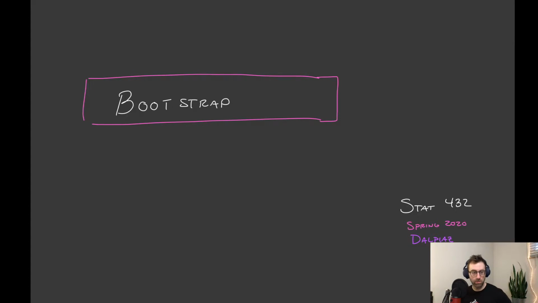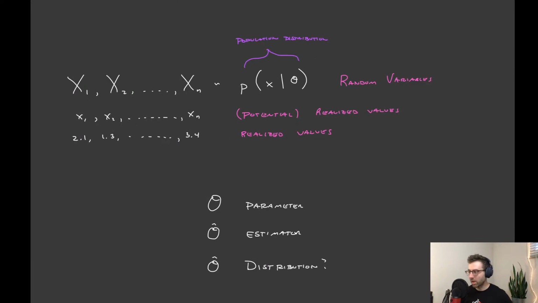Yeah, so let's have a look. This is the setup that we introduced when we were talking about simulation. Again, we have a random sample of size n from some population distribution, denoted by X1 through Xn, capital for random variables, and then you have the realized values, either potential or real.